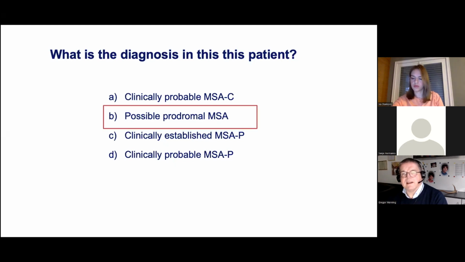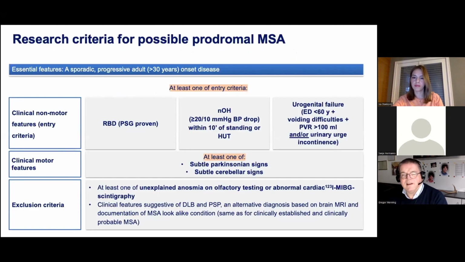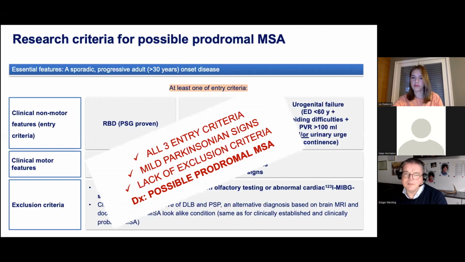Some thought that this could be clinically probable MSA-P, but as we discussed before when looking at the video, the Parkinsonian signs were not of a magnitude justifying the PD criteria for Parkinsonism, so that doesn't apply. And cerebellar ataxia was not really evident in this patient, no nystagmus and no ataxia in the limb.